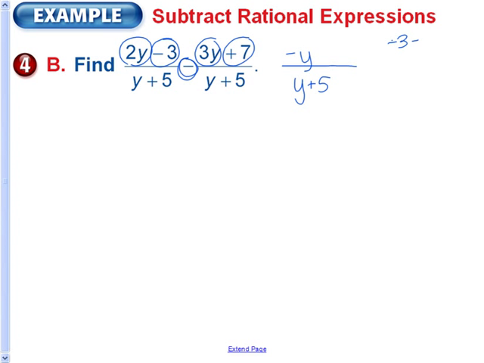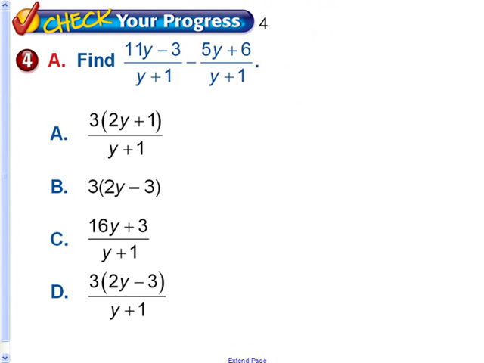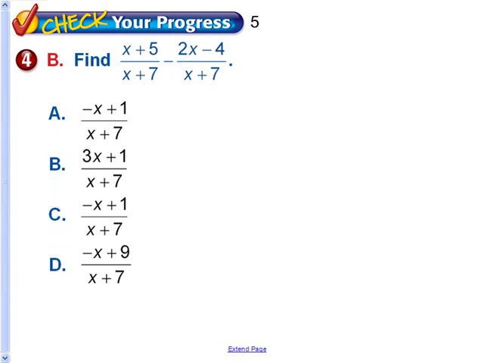Negative 3 minus a positive 7 is negative 10. And is there anything that could cancel out? Not in this case, so that is the answer. Okay, go to your left page and try this problem. Also try this one on your left page.